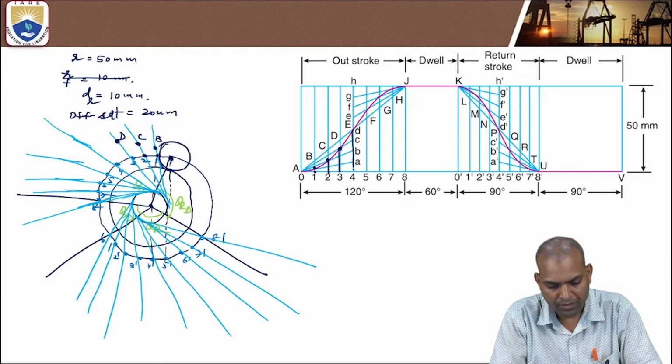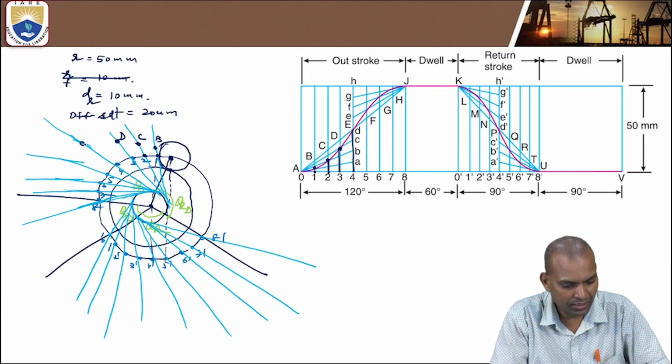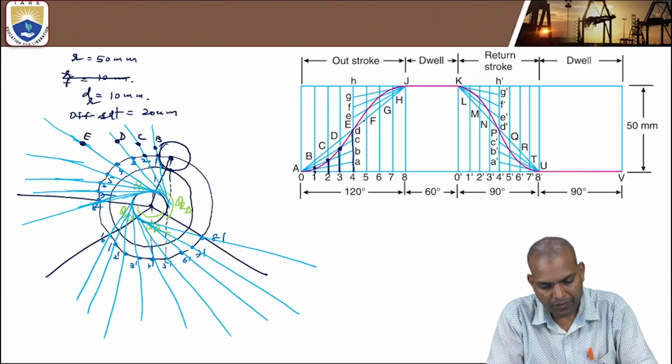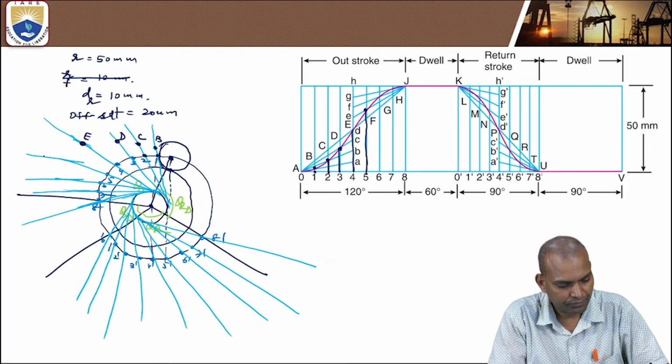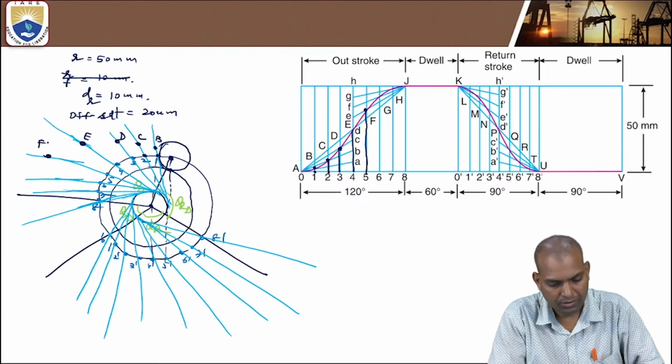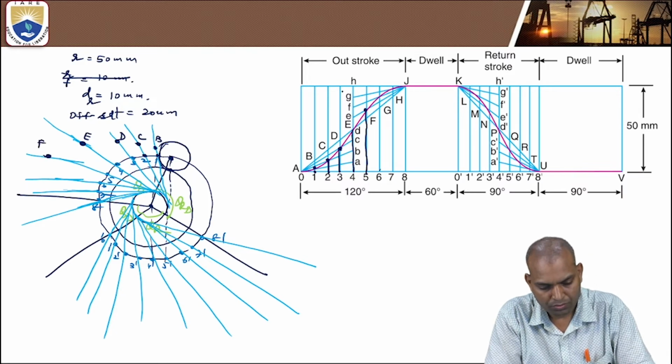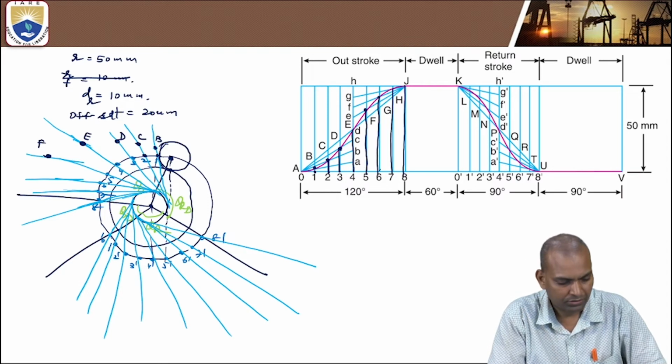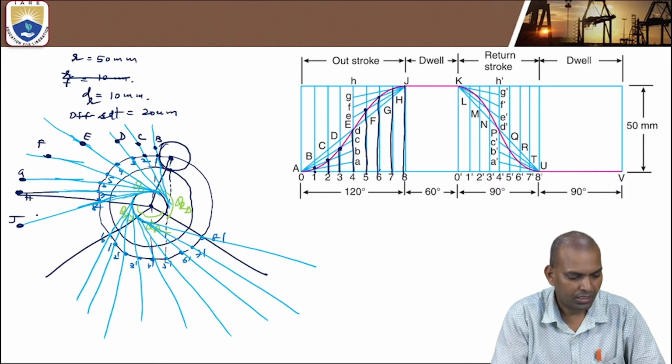Next, 4 to E. 5 to F. 6 to G. 7 to H. 8 to J. This is F, G, H, J.